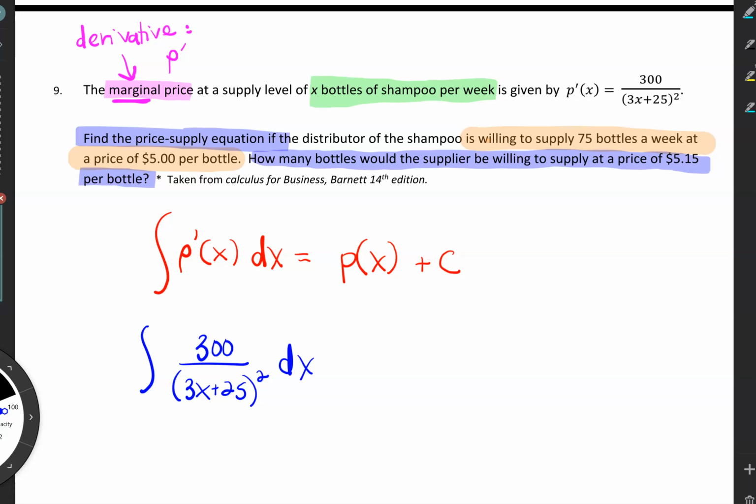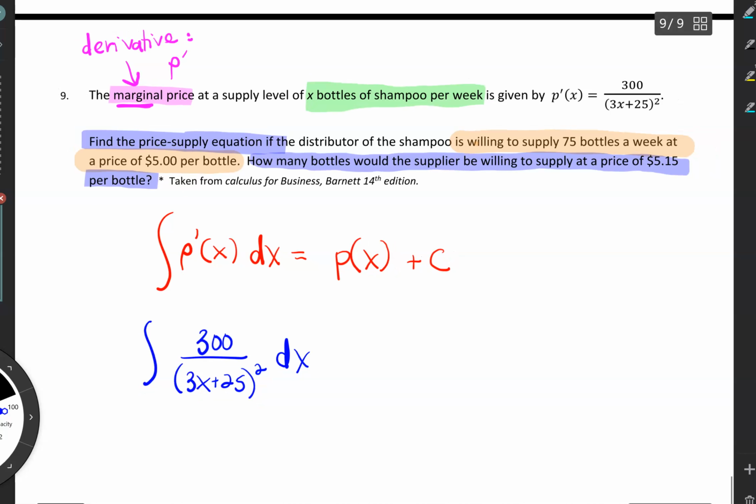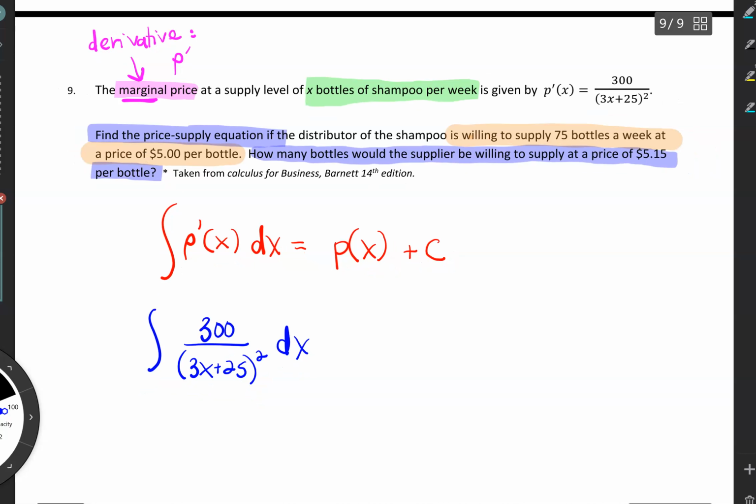Okay, I see a fraction. So I'll give you a second to figure out which rule we should be using. Hopefully you notice that we're not going to use the ln of x rule, because for the ln of x rule we'd have to have an understood exponent of 1, and right now my exponent is not a 1.